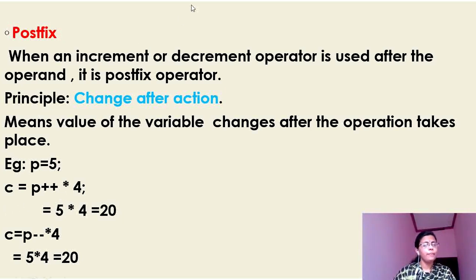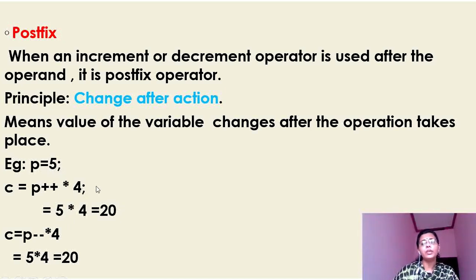So what will happen? Here P plus plus, it does the action. So 5, it remains 5 itself. It multiplies with 4 and you get 20 as the answer. Once you finish this action, what will happen to my P value? P value becomes 6.